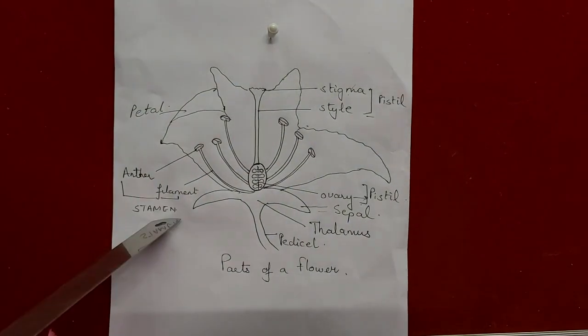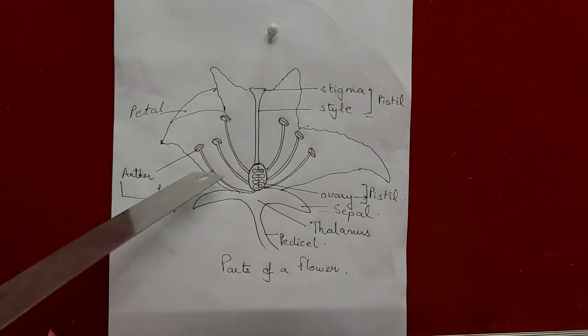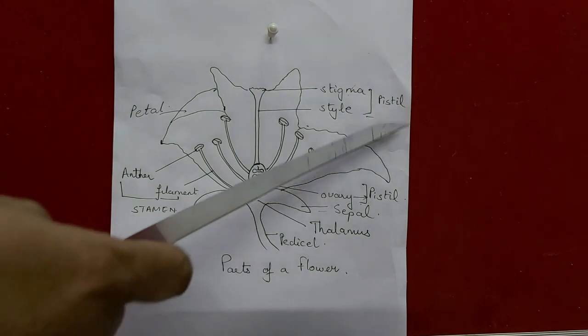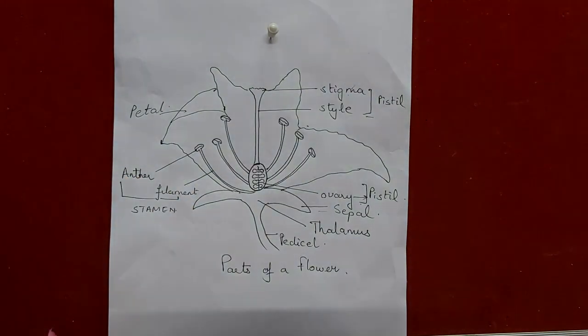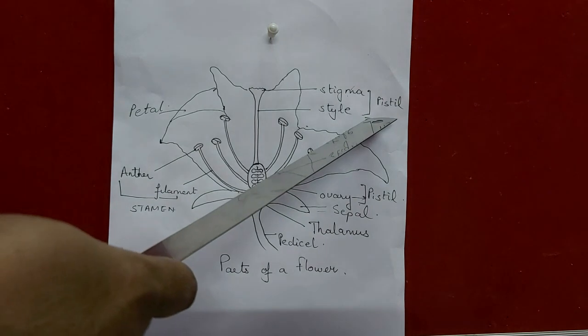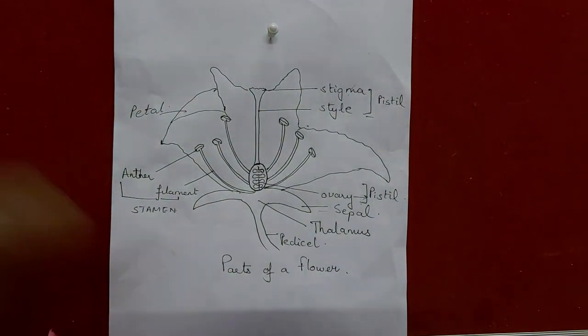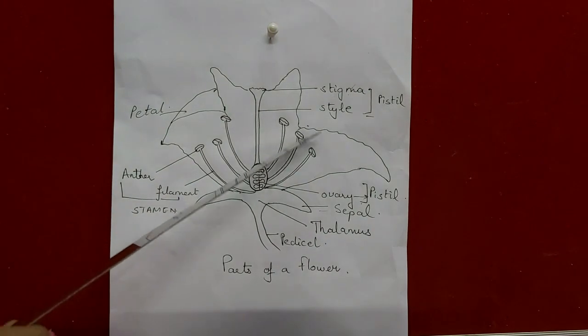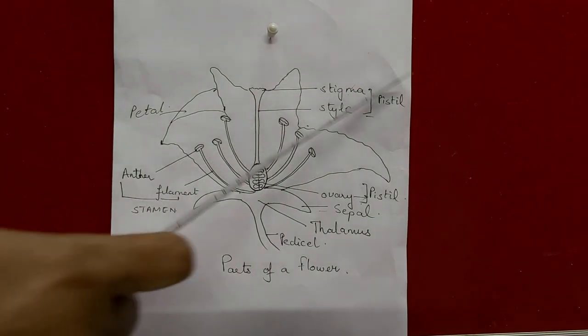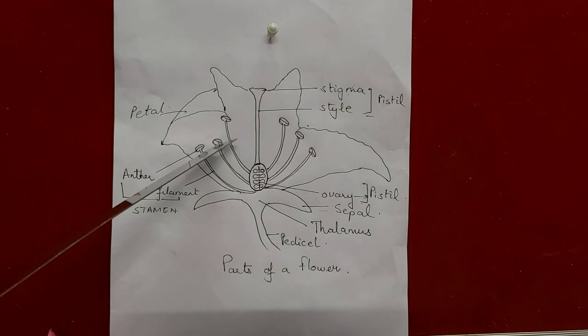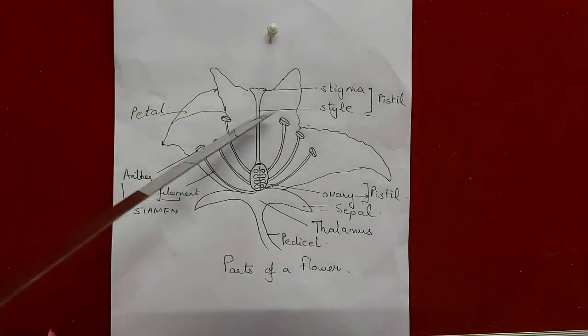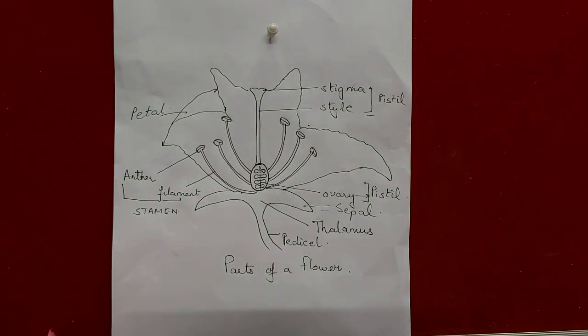Androecium means the male reproductive part, anther and filament, and gynoecium, the female reproductive part, that is the pistil: stigma, style and ovary. Androecium and gynoecium are called the essential whorls of the flower.